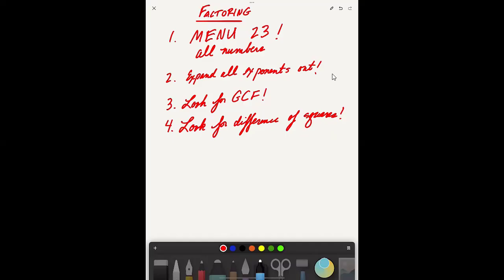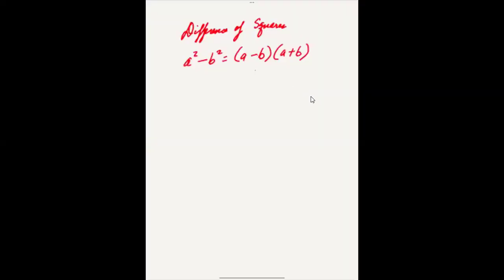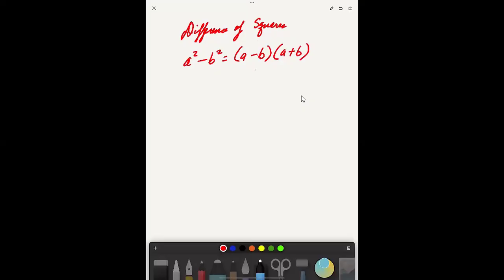Now, if you're not familiar with the difference of squares, let me explain what it is. Basically, it's just a rule that helps you factor when you're subtracting one perfect square from another perfect square. So in this case, we got a squared minus b squared. We're going to take the a's and put one in one parentheses and one in another parentheses, and then do the same thing for the b squared: one b here and one b here.